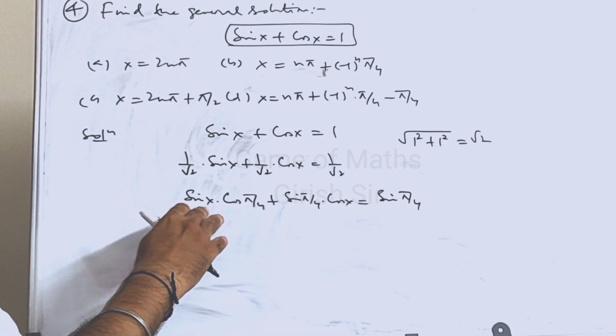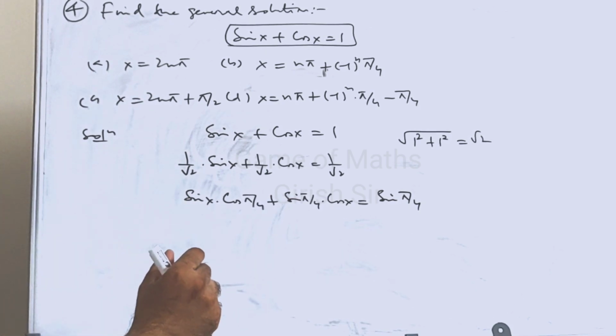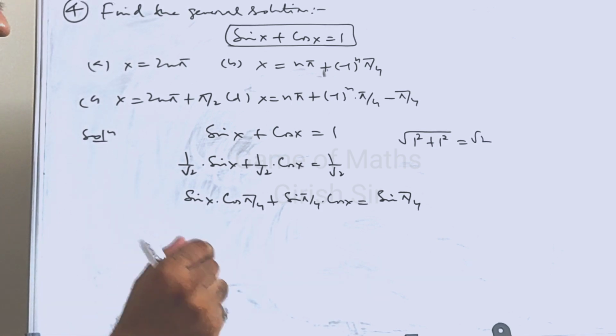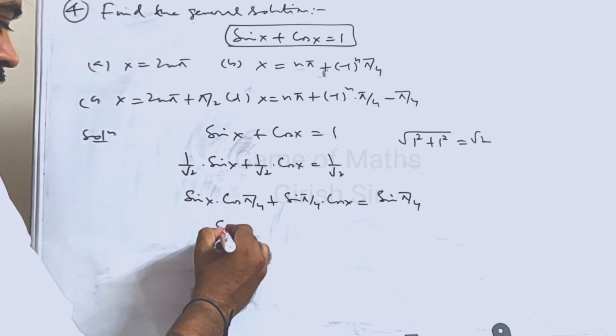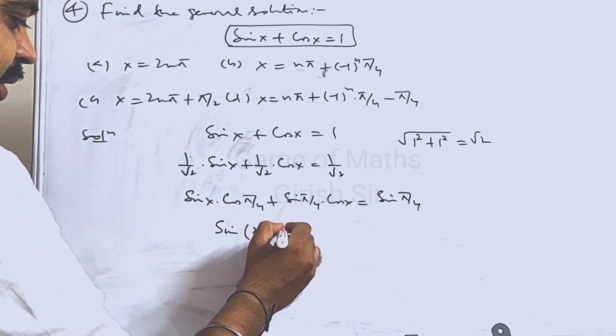Now this can be clubbed into a single sine function if we use the formula of sin a plus b. Sin a plus b is sin a cos b plus cos a sin b. Using that result, you can write like this.